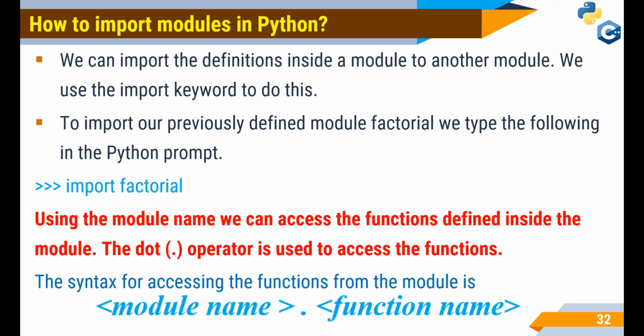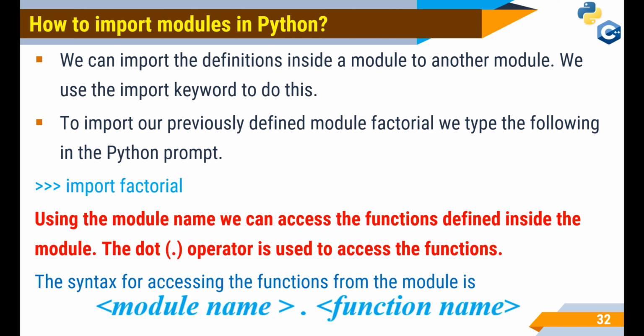To import our previously defined module factorial, we type the following in the Python prompt: import factorial.